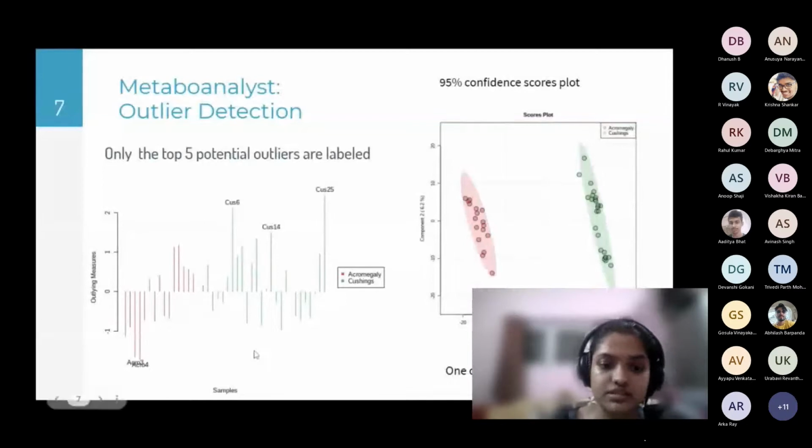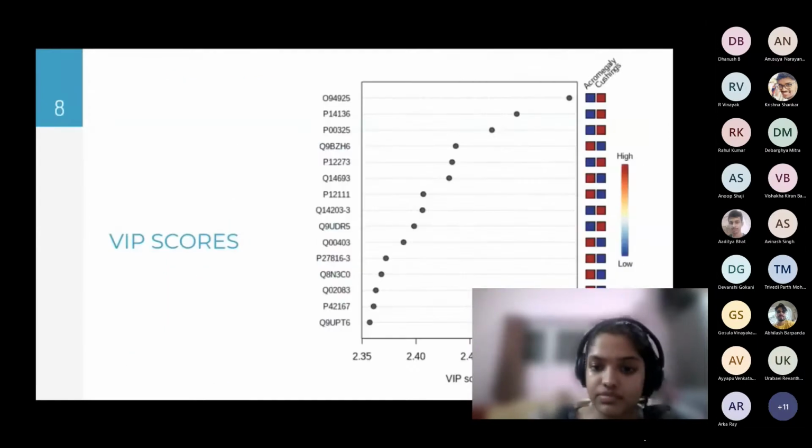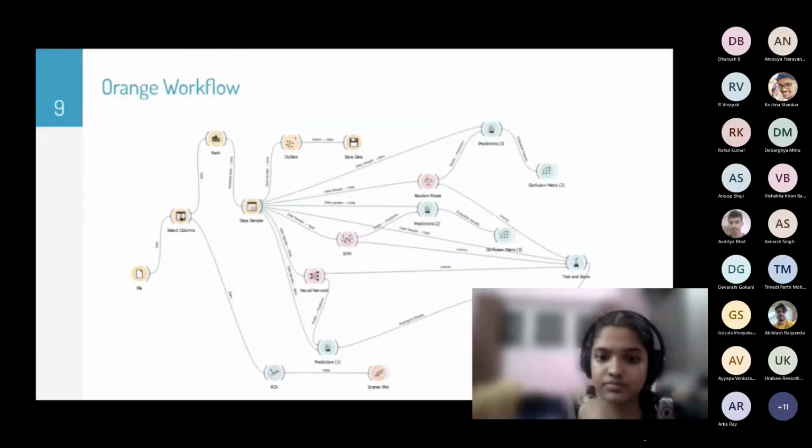So this is the MetaboAnalyst outlier detection. And with the confidence score plots, there was one single outlier, which is what I mentioned in the previous slide. The VIP scores are as shown here. Here is a snapshot of my Orange workflow.